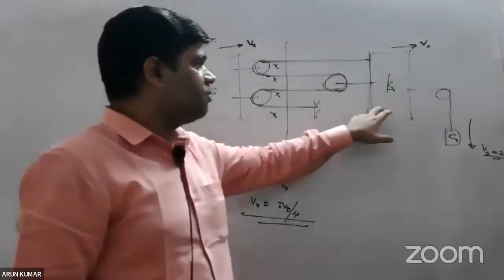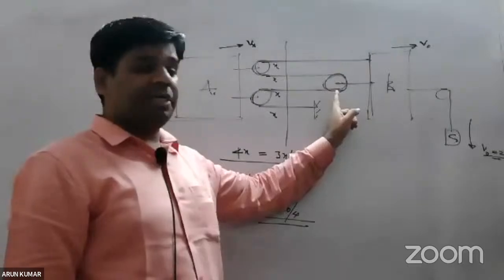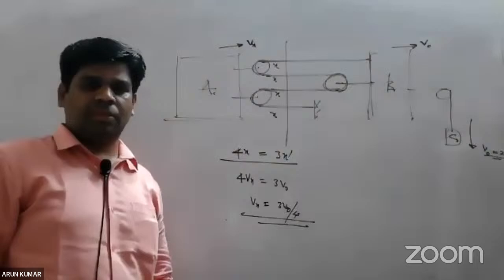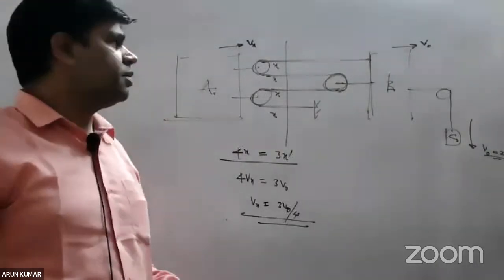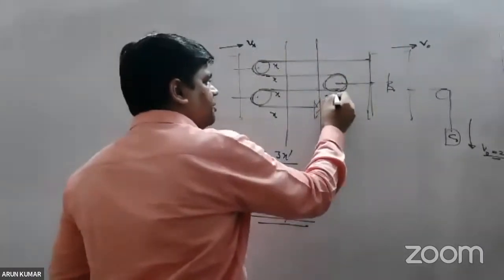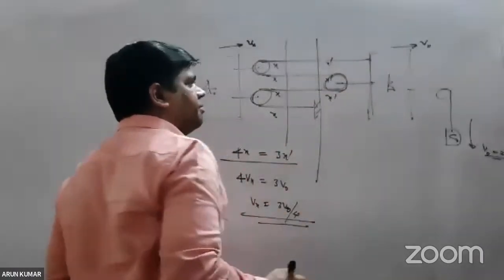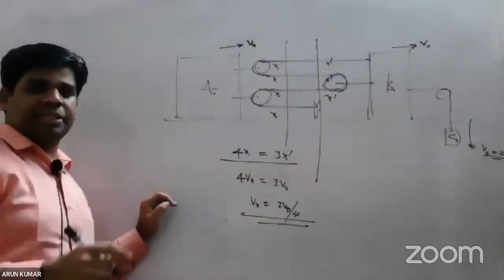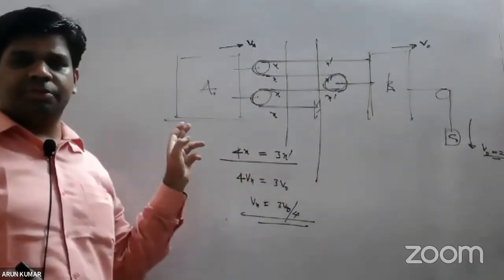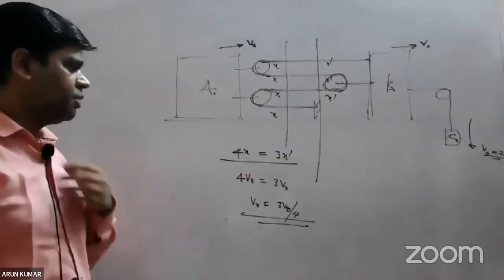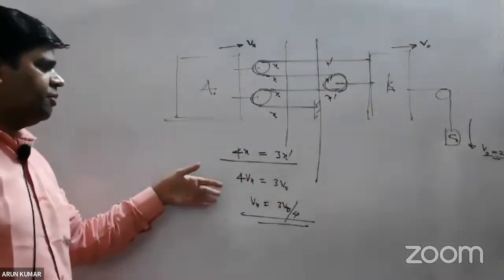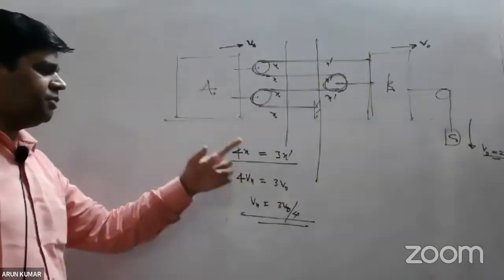But now if this block moves by x prime, the string is tightened by x prime, and x prime, and x prime. String is tightened by 3x prime. This slackening should be equal to tightening because it's remaining taut throughout the motion. Yes, sir. So 4x is equal to 3x prime. I differentiate. 4Vx is equal to 3V naught. Vx is equal to 3V naught by 4.